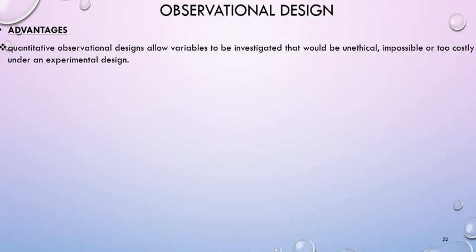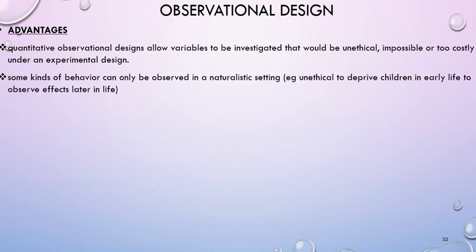So, why are they costly? Because you have to set up a situation that's similar. But when you observe this situation in their natural setting, that's another case. Some kinds of behaviors are not possible to be observed in the lab. We need to observe them in the natural environment.